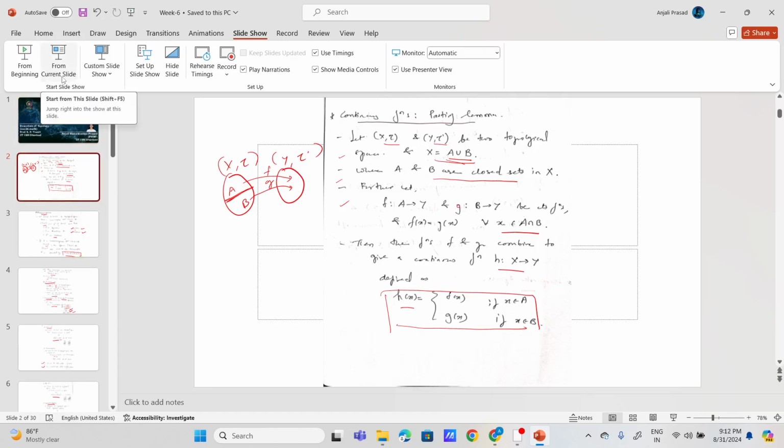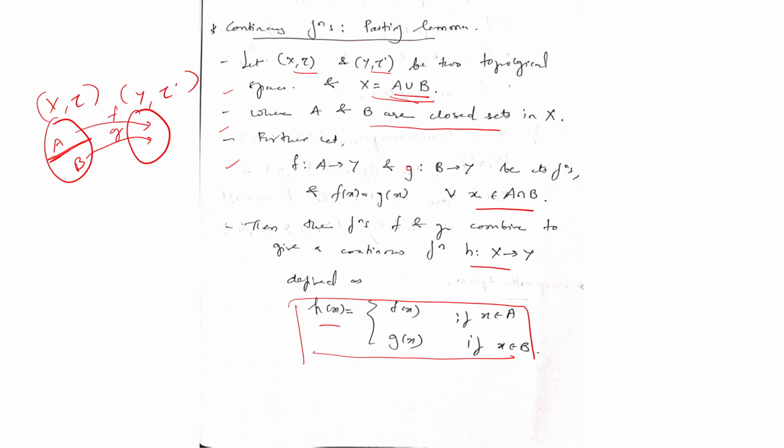If we take discrete topology on an uncountable set, then it is not separable.